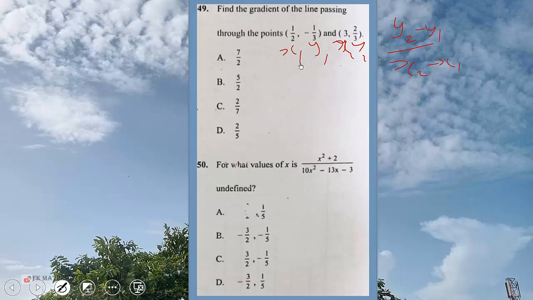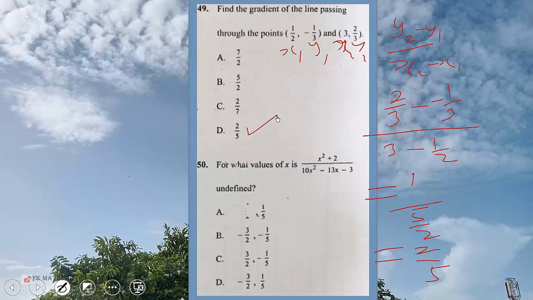So we have 2 over 3 minus 1 over 3, all over 3 minus 1 over 2. So the top one will give us 3 over 3, which is 1. And then the bottom one will give us 2.5, which is 5 over 2. The reciprocal of 5 over 2 is 2 over 5. The correct answer is D.